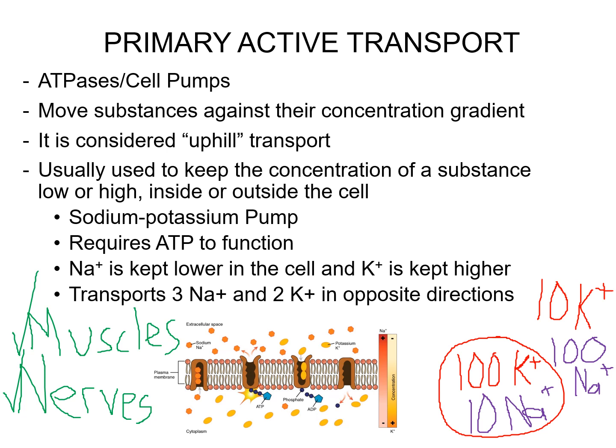So what we do is we use something called the sodium-potassium pump, and we go against the grain. We go against the concentration gradient to maintain this imbalance over here. So what we're going to do is this. There are going to be proteins all along the plasma membrane.